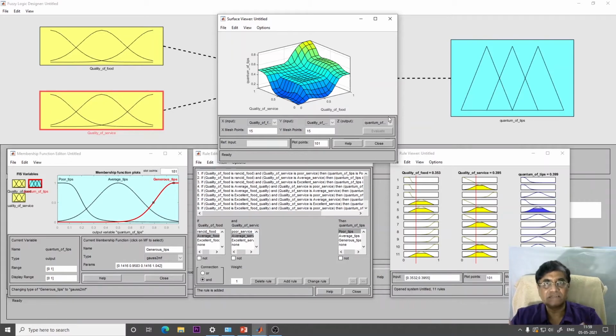So in the washing machine, what are the variables? Roughly, they are the level of dirt, how dirty your shirt is: very dirty, average dirty, or mildly dirty, right? And then depending on that, the quantum of soap you should put.